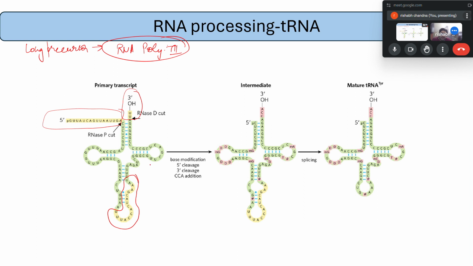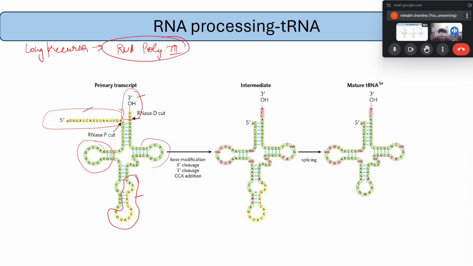Okay, so now what happens? This is cleaved, this is cleaved, and this is cleaved. This is the cleavage part, the trimming of the 5 prime and 3 prime ends. Then some of the bases are also modified at these particular loops. That is why different loops are formed in the case of the tRNA.